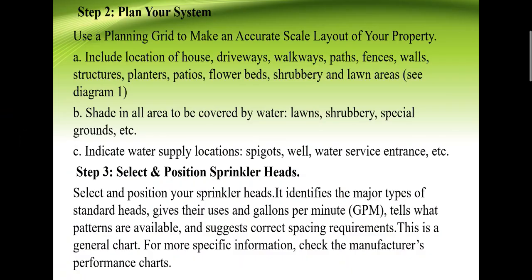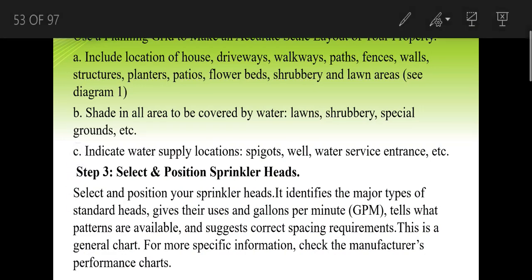In step 2, plan your system. Use a planning grid to make an accurate scale layout of your property. A. Include the location of house, driveways, walkways, paths, fences, walls, structures, planters, patios, flower beds, shrubbery, and lawn areas. See diagram 1.